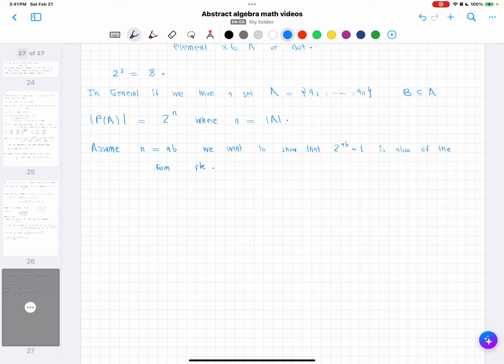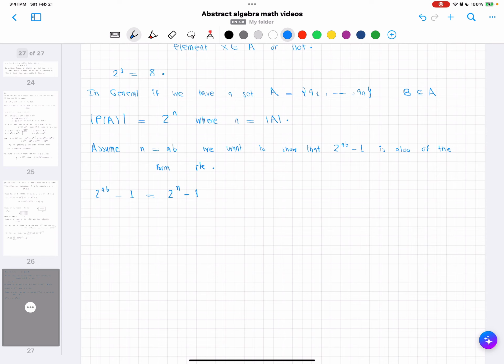So notice here that 2 to the ab minus 1, this is the same thing as 2 to the power of n minus 1. So as we have seen, this counts the number of subsets that are not zero of a subset of n elements.